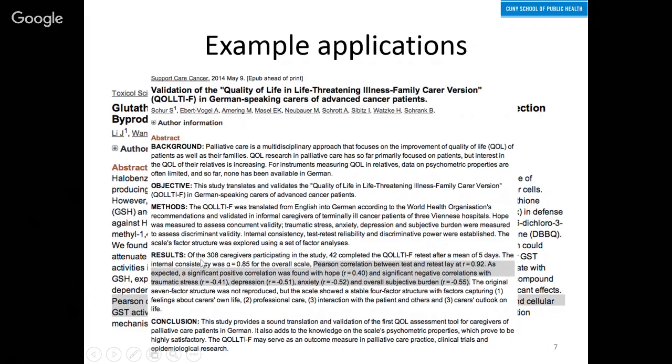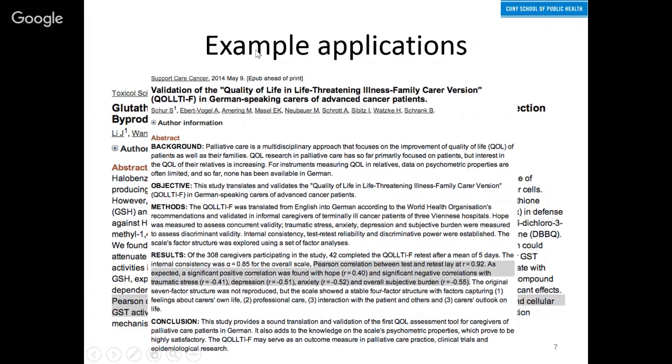And as expected, a significant positive correlation was found with hope, R equals 0.4, so this quality of life score is positively correlated with hope, and negatively correlated with traumatic stress, depression, anxiety, and overall subjective burden.